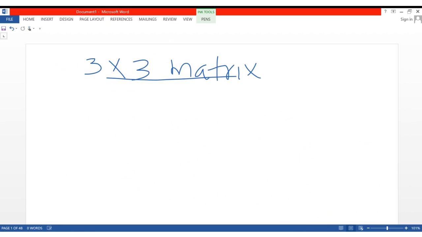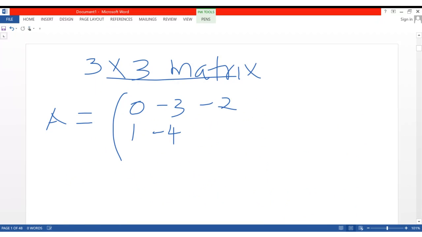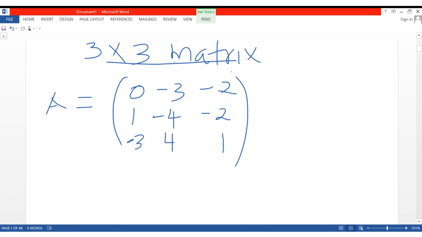I think I'll do 2 examples to demonstrate this one. Let's say you are given this matrix, to get the determinant of this one. So first of all, I'll get the determinant of this matrix.